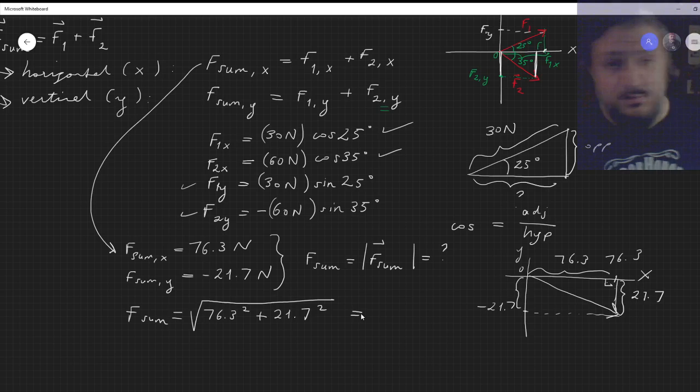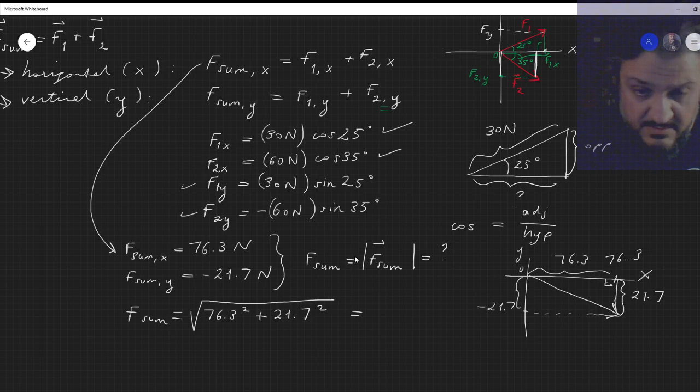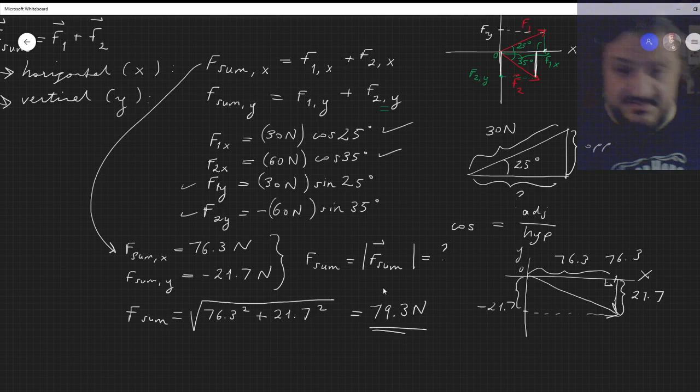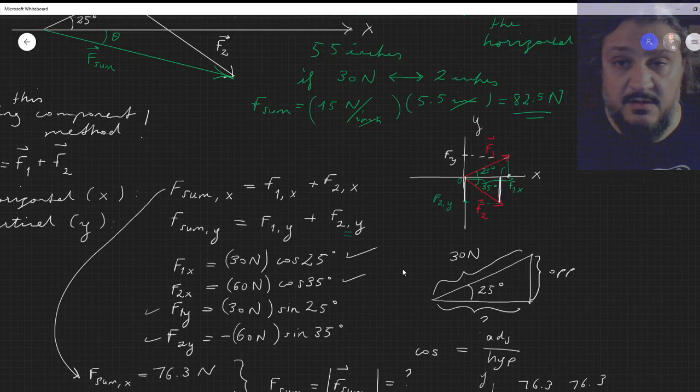You're going to use this formula over and over in this class, okay? Take the square root of this, 79.3 newtons.